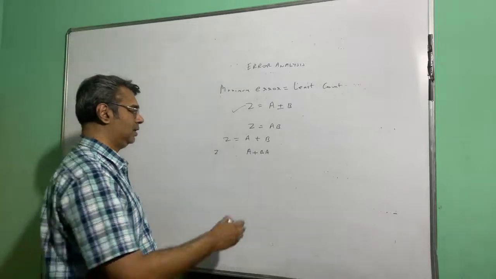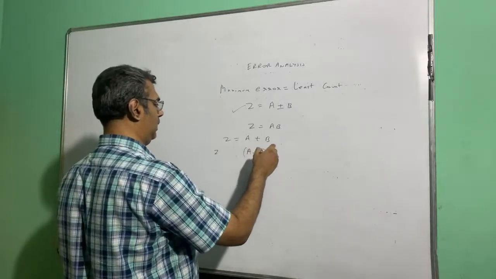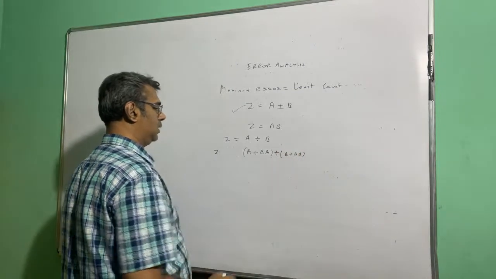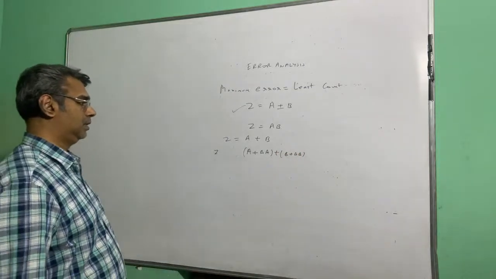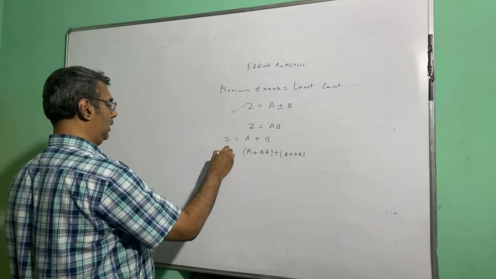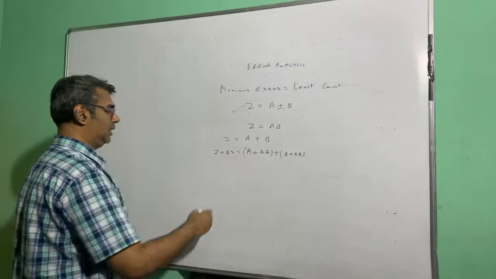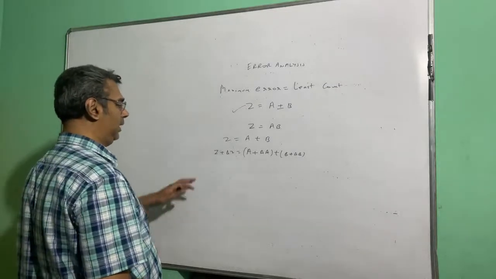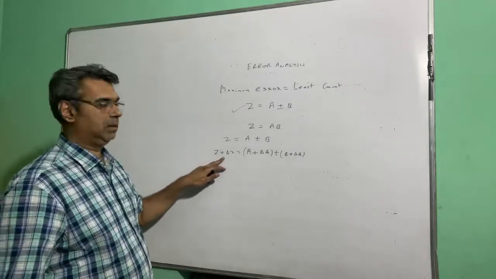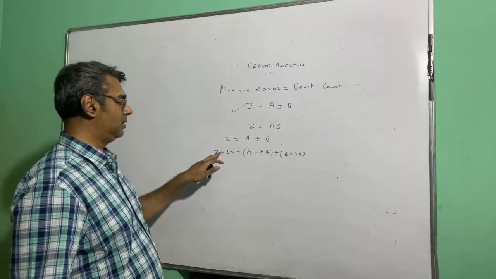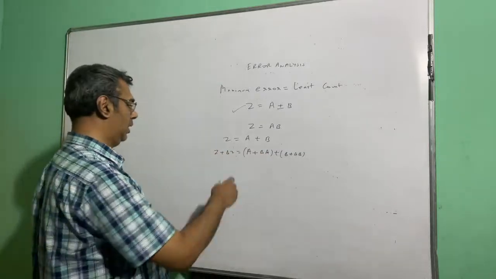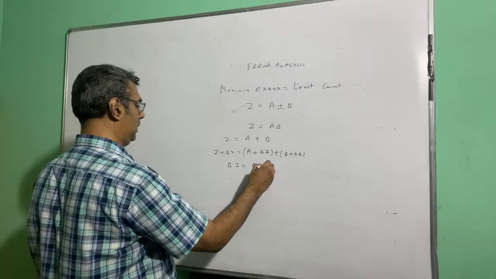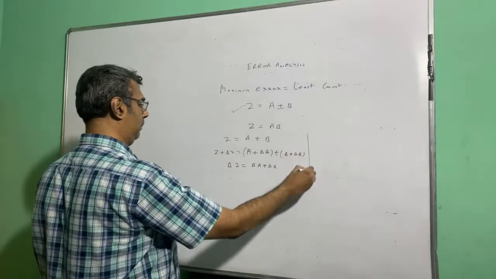I'm calling that delta A. You have made an error in the measurement of B. So instead of B, you have measured B plus delta B. And you have made an error in the measurement of Z. So instead of Z, you have measured Z plus delta Z. I mean, this you have not measured, but since Z depends on A and B, we can write Z plus delta Z like this. Now if you subtract these two equations, delta Z will be delta A plus delta B.